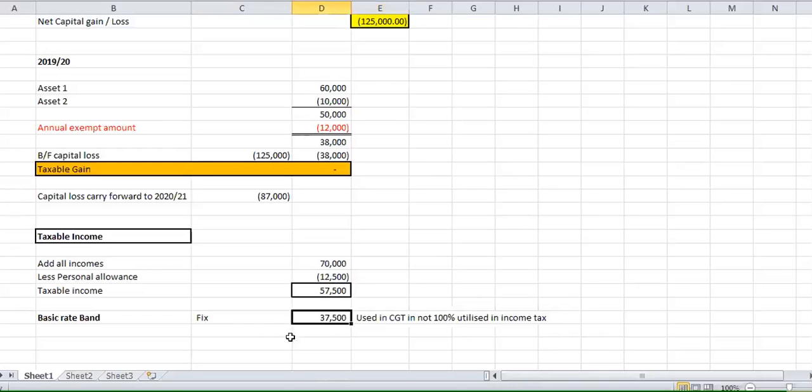So what is the basic rate band? It is 37,500. So it means the income has fully utilized this level. So this level of basic rate band has been fully utilized in the income tax, so it is not available in the capital gains tax.